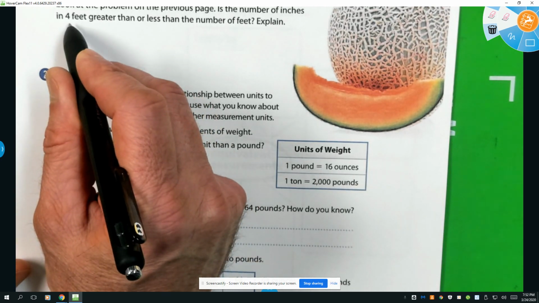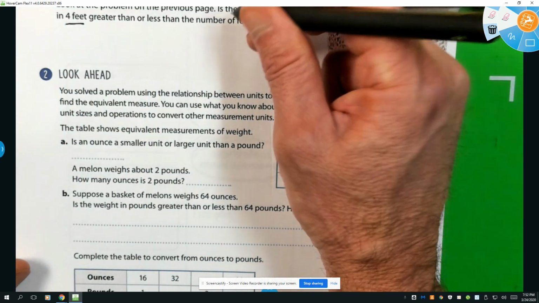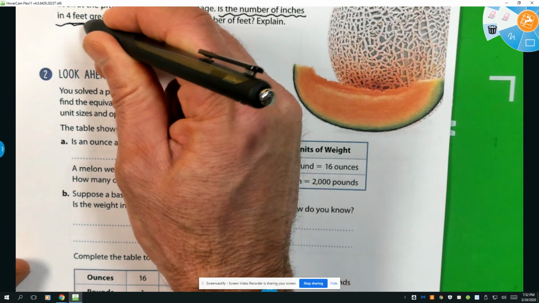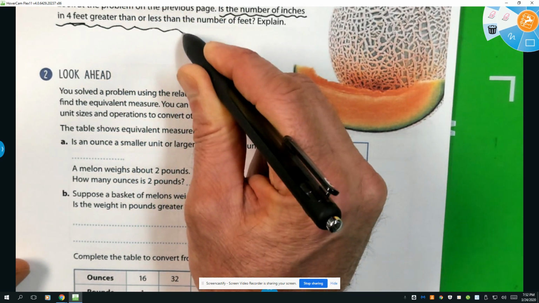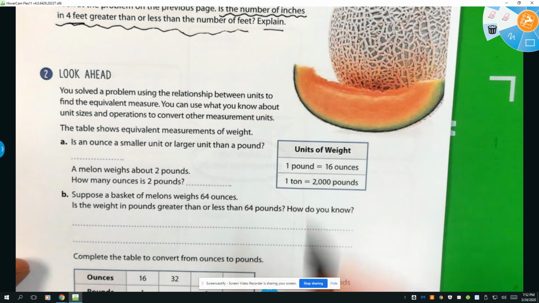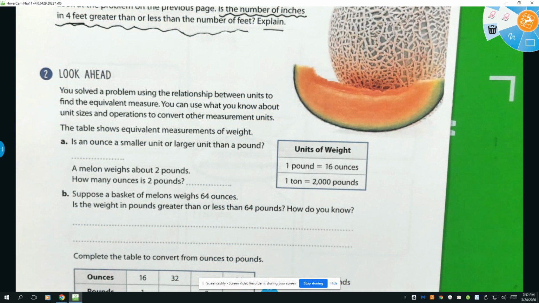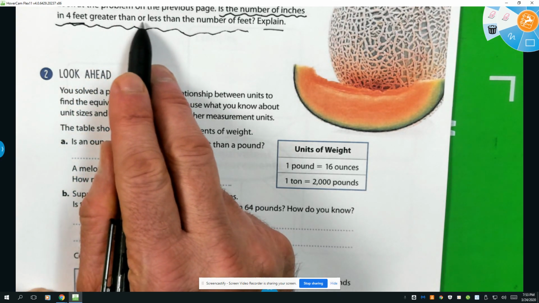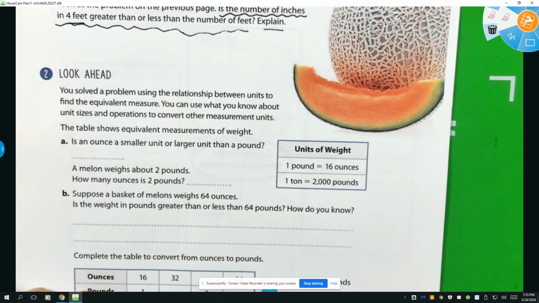Take a quick pause. Explain. All right. So the number of inches in 4 feet, is it greater than or less than the number of feet? What did we come up with?